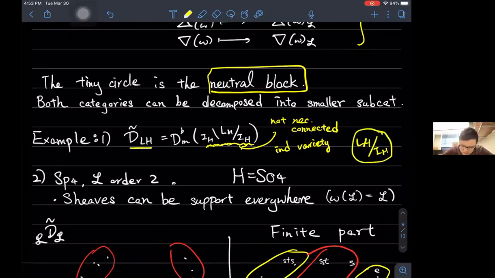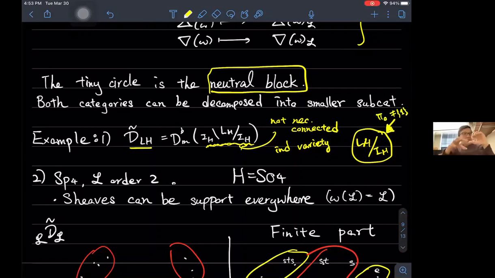This is not necessarily connected because the components are related to the center of H. So if H is not simply connected, then there are many components; pi zero is not necessarily one.